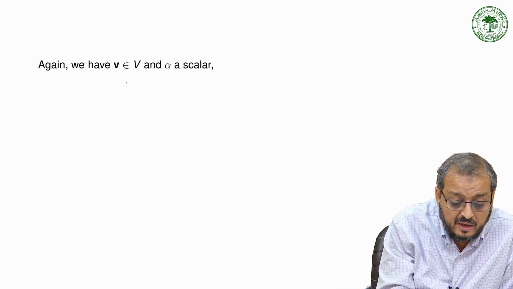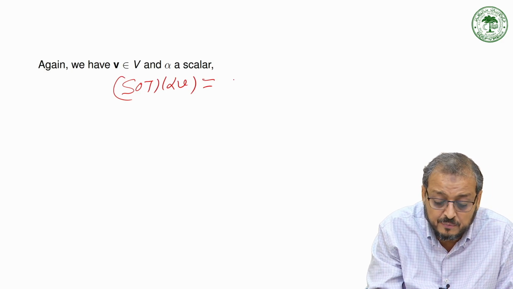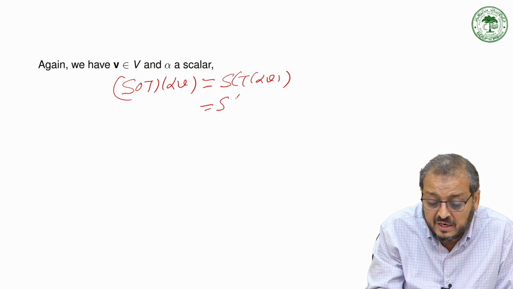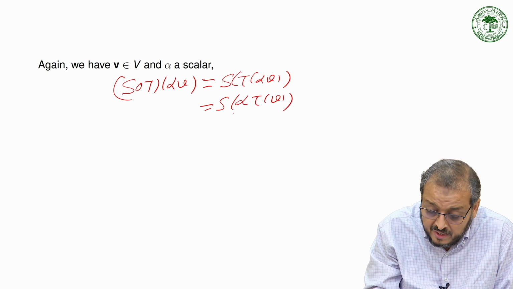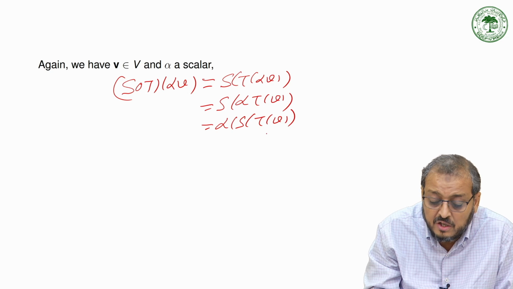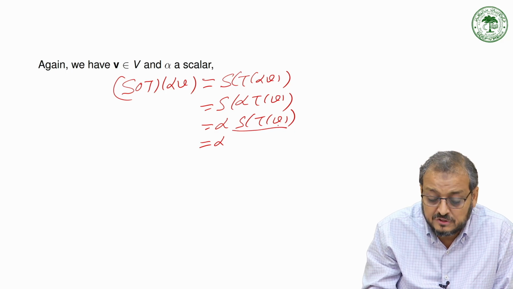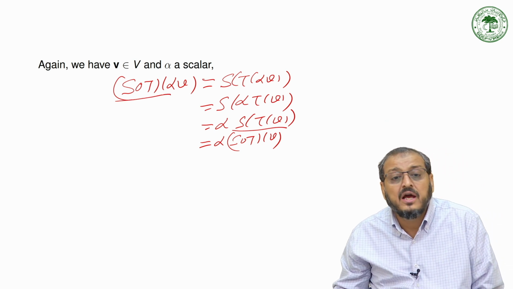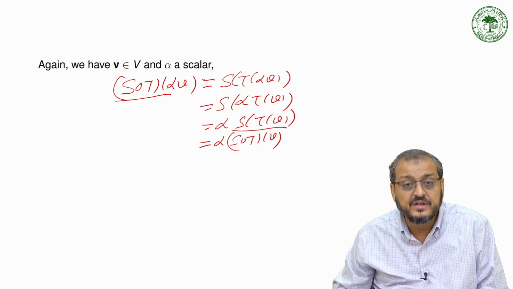So we take S composition T over alpha times V. By the definition of a composition function, this is S of T of alpha times V. Because T is linear, this can be written S of alpha times T of V. And now again S is also linear, so this can be alpha times S of T of V. Then using the composition map, this is alpha times S composition T over V. So S composition T of alpha V is the same as alpha times S composition T over V. So both the conditions of linearity are satisfied.